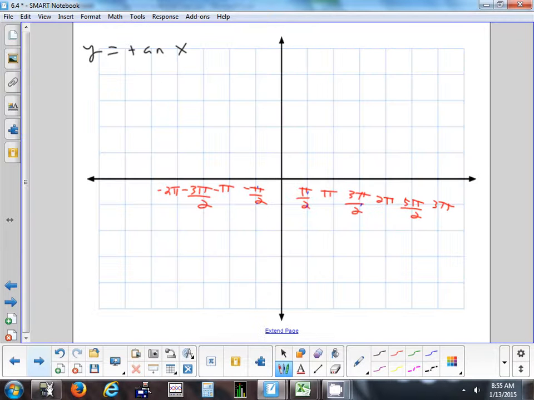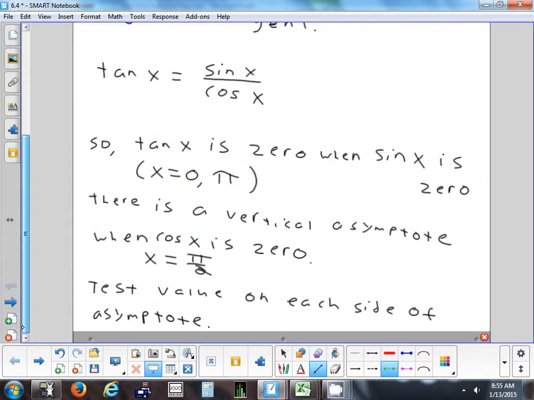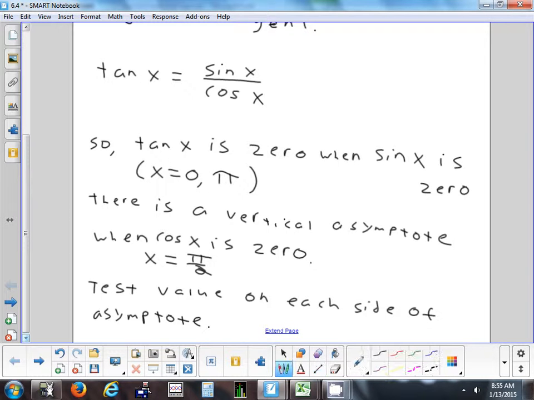So let's see if we can do that. First thing I'll do is sketch my vertical asymptote. Let's put that in. In fact, it might be helpful if we sketch another vertical asymptote, just so we have an area that's a little bit more bounded to look at.